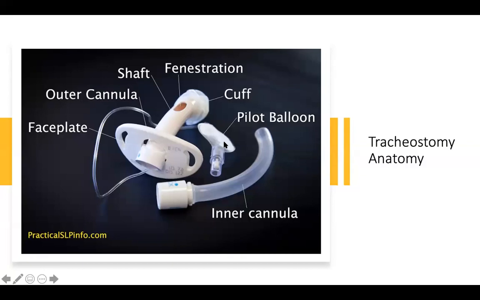It depends on the type of trach that the patient has on. This is an inner cannula, and it goes inside that outer cannula. So this is a dual cannula trach, but there are other kinds of trach where you would have a single cannula trach.